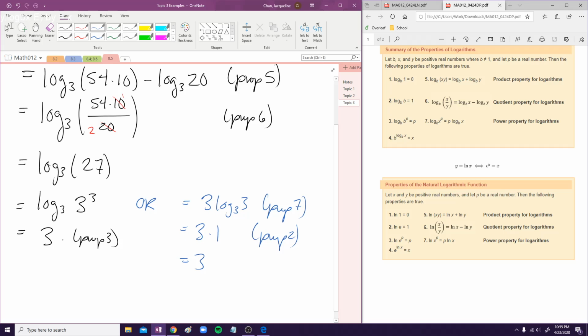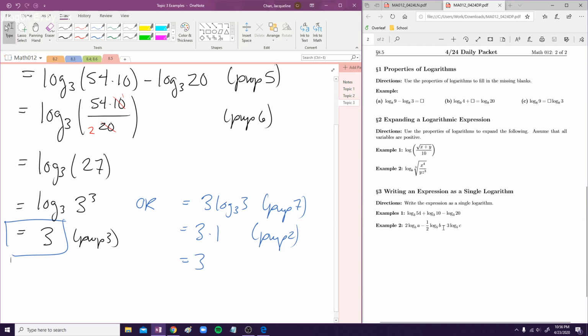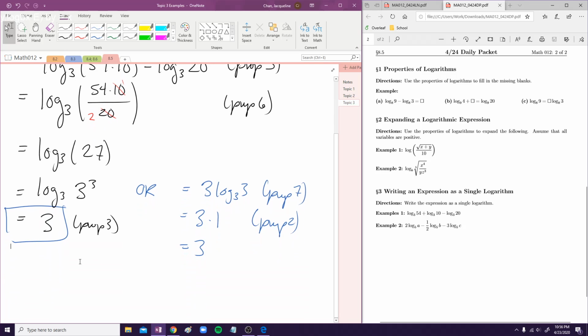So you can just use the third property right away, or you can do a couple of steps. As you can see, we get the same answer either way. So when we write this as a single logarithm, all of this becomes 3.